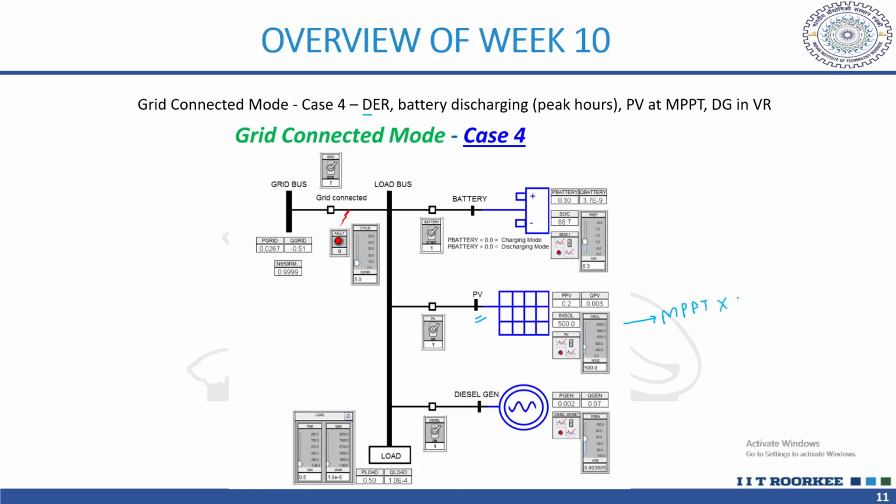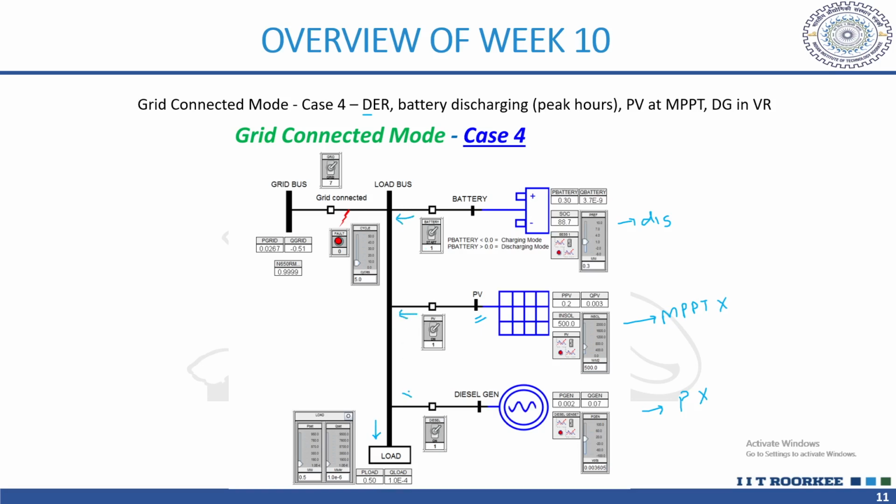Because we don't have enough renewables. So the battery is discharging. Similarly, as discussed, we will not take any P support from the generator and the load is constant at 0.5. So the load will draw, the battery is now discharging meaning it is injecting, and PV is also injecting.